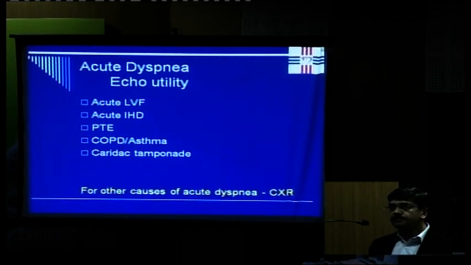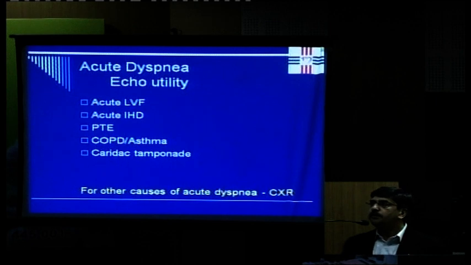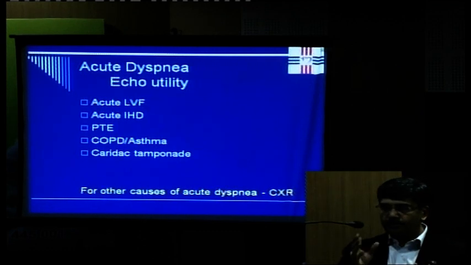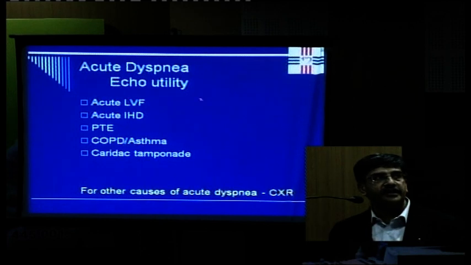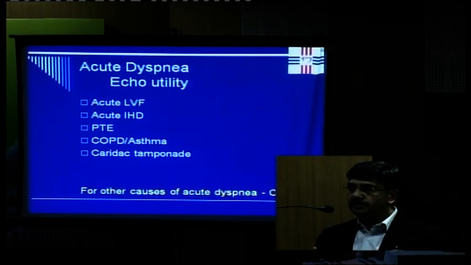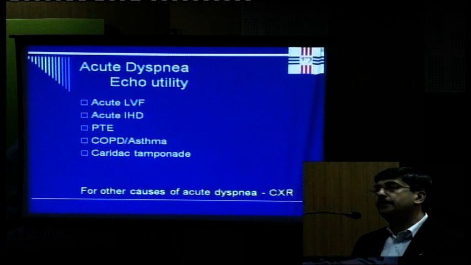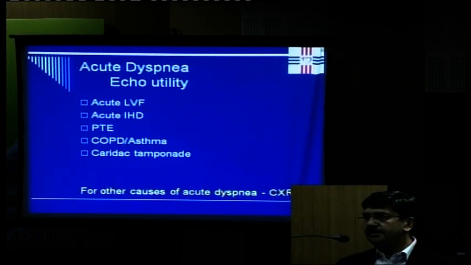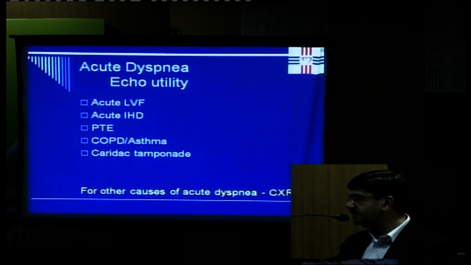Pulmonary thromboembolism can be diagnosed very well on ultrasound machine by development of acute right ventricular dilatation. You can be lucky also to see a hypoechoic shadow, or for that matter thrombus, in the main pulmonary artery or branches of the right or left pulmonary artery. You can diagnose COPD and asthma. You can be lucky to pick up cardiac tamponade. For other causes of acute dyspnea, we have other bedside investigation modalities in the form of chest X-ray, ECG, etc.